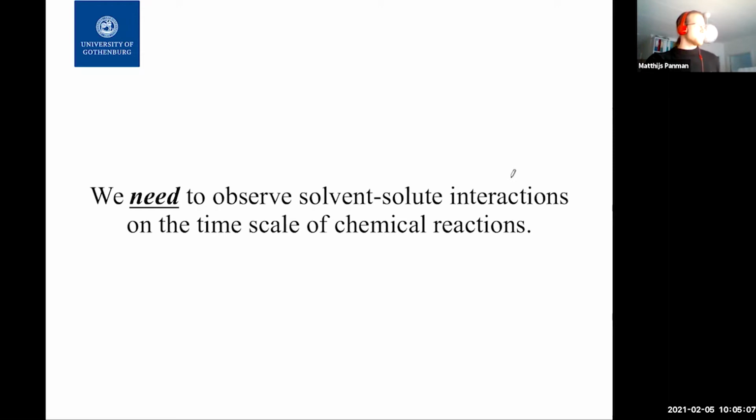And this brings us to the stated problem, which is we need to observe solvent-solute interactions on the timescale of chemical reactions in order to understand the fundamental chemical reaction events. But these are typically difficult to do because these solvent-solute interactions are difficult to distinguish from the bulk response of the solvent.